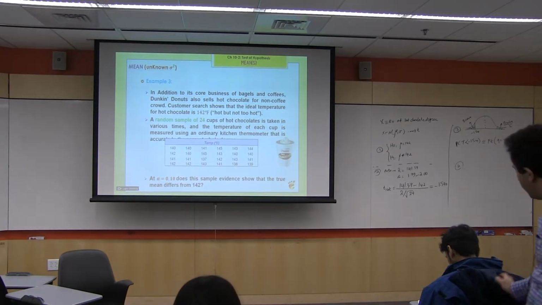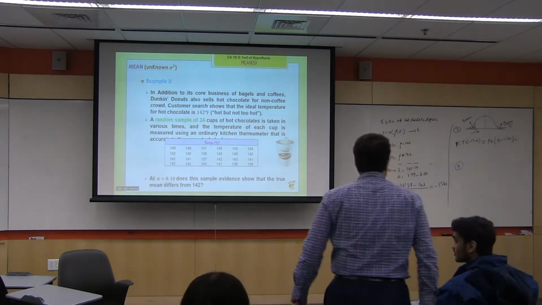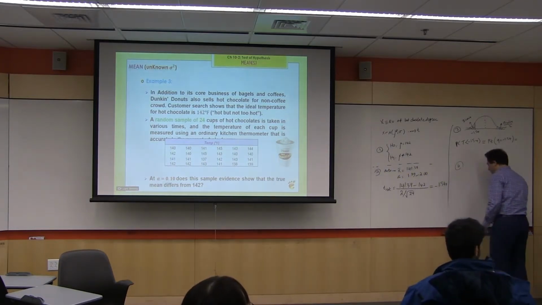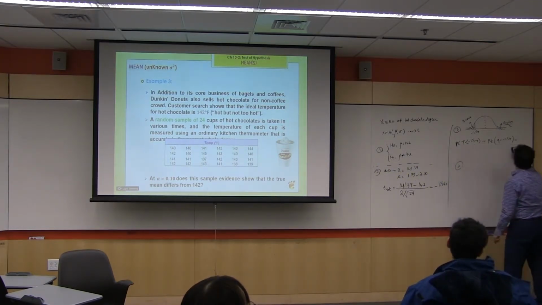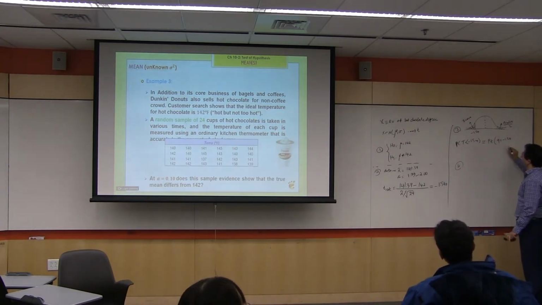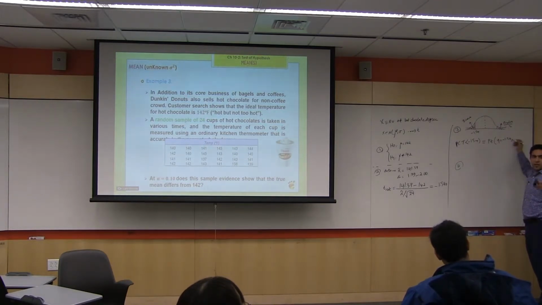0.068. Do you have the same number, my friend? 0.069. Okay, I have a better answer from R. So, the function in R is this, folks: pt of negative 1.54. And what's the argument for the degrees of freedom? df. And df equals 23.